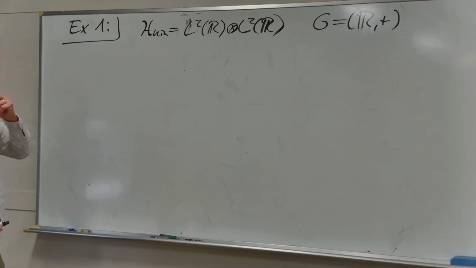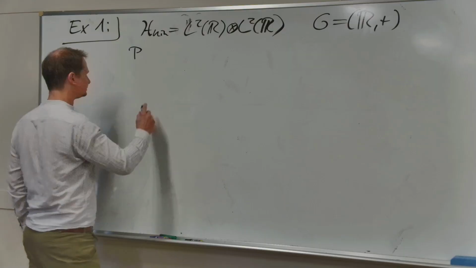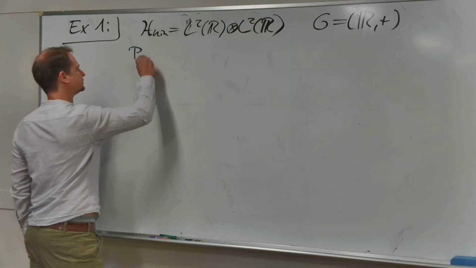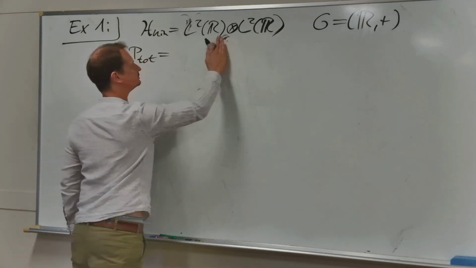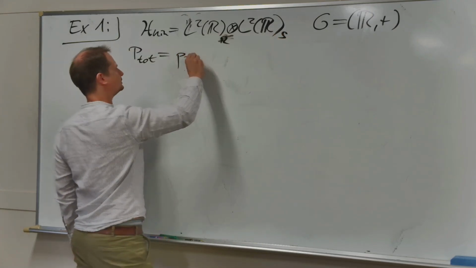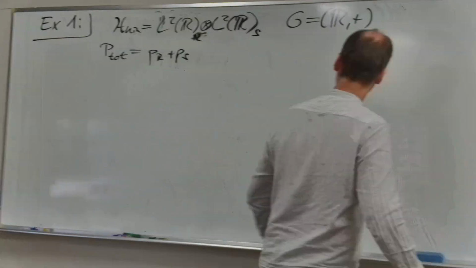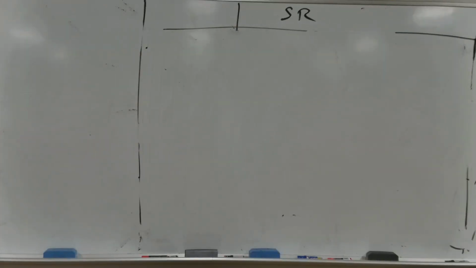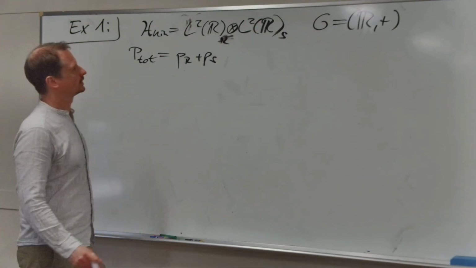And we have a constraint, the total momentum. Let's call the particles R and S. So then we have PR plus PS. That's the total momentum, and that's the global translation group generator.